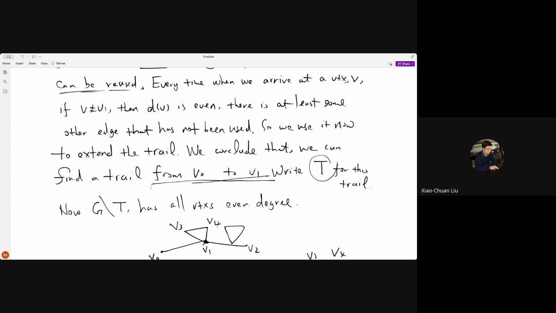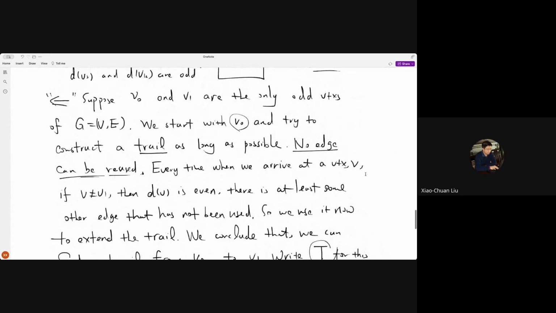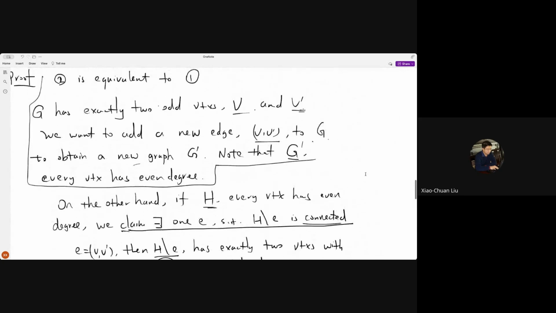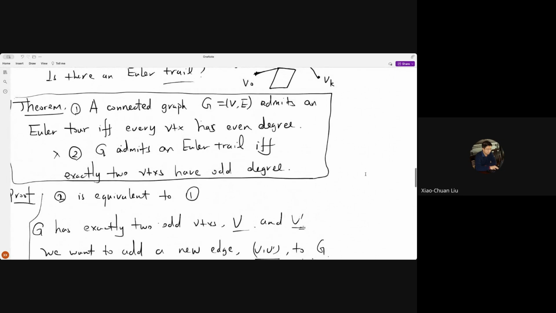By deleting it, we obtain an even graph. Sometimes we call this kind of graph an even graph, all degrees even. But for an even graph, we invoke point 1. It's a little strange, but you have to think clearly. This is not a cyclic proof, okay? There is no cyclical reasoning here because you start the induction with the edge number of the graphs.